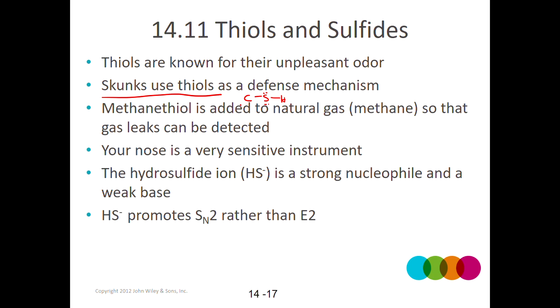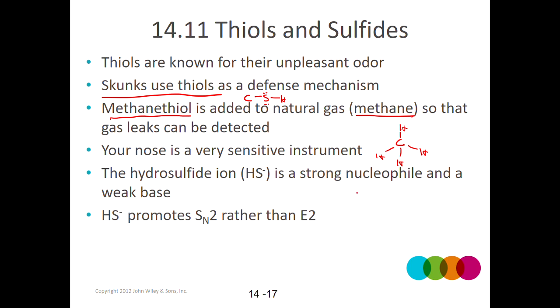So there's also a small amount of methane thiol that's added to natural gas. So if you ever smell a gas leak, or if you smell the gas in the lab as it comes out, it's not because methane actually has a smell. Methane is odorless. So if you had a gas leak and methane was leaking and it's explosive and it's filling up your house, creating explosion risk or even potentially suffocating you, because if it fills up so much, you're not getting enough oxygen.